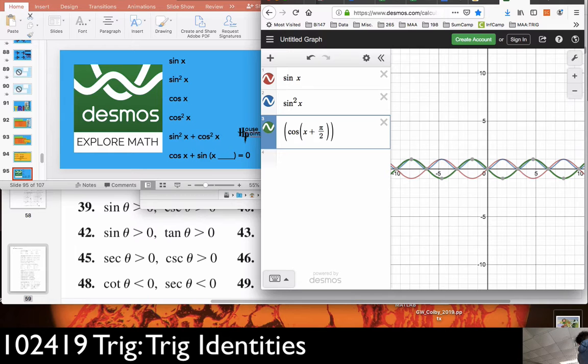As sine was climbing in value up to 90 degrees, cosine was falling in value. So sine started at 0 and went up to 1, whereas cosine started at 1 and went down.